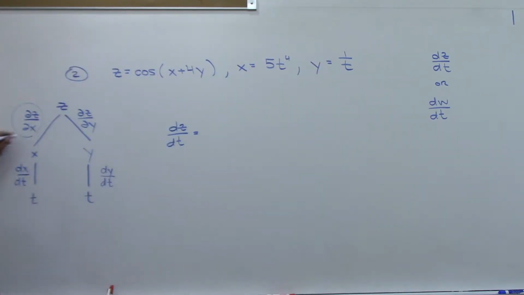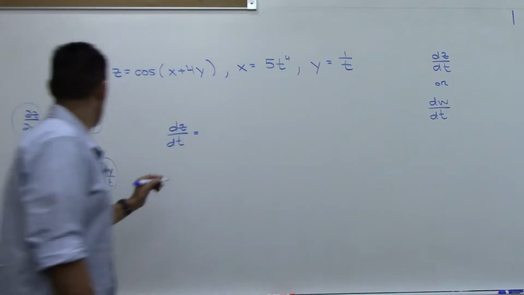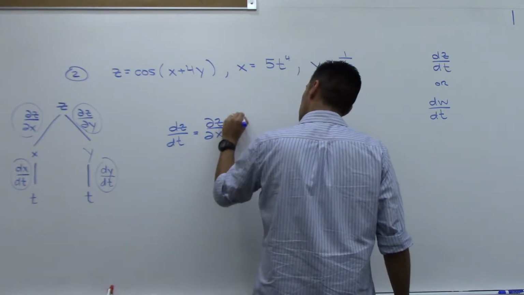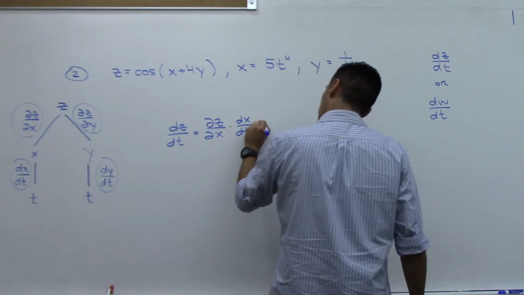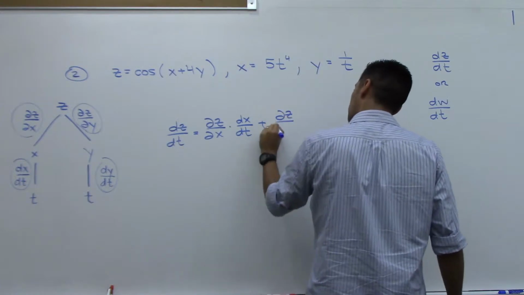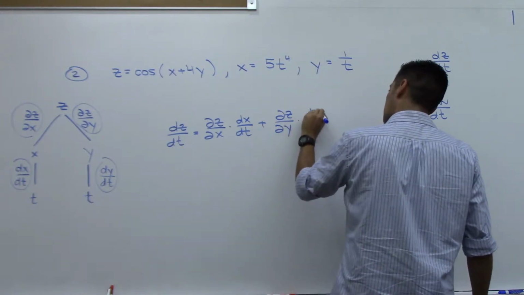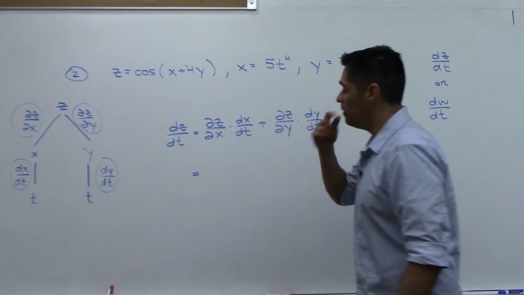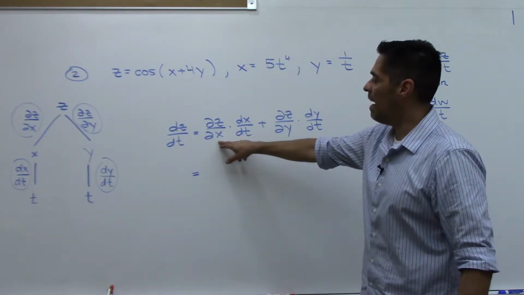So I'm going to do this times this, and then plus this times this. So this should be partial z with respect to x times dx/dt plus partial z with respect to y times dy/dt. All right, this equals, what is the partial of z with respect to x?